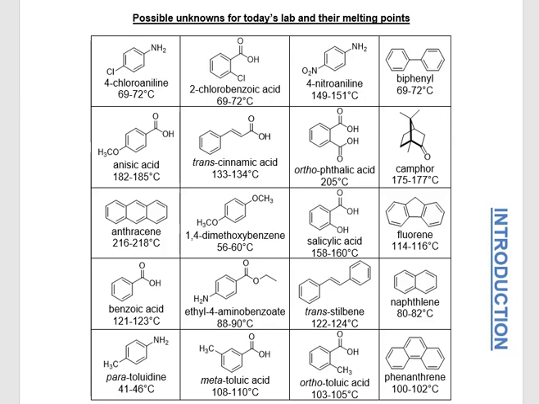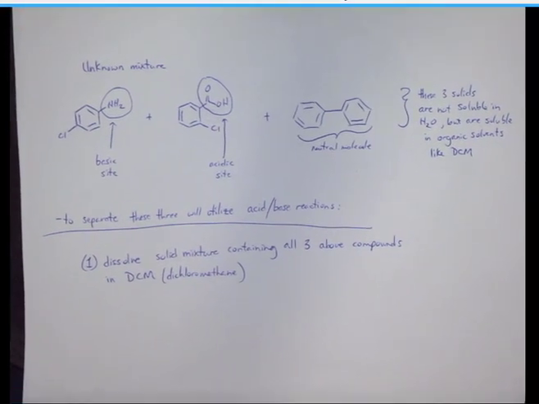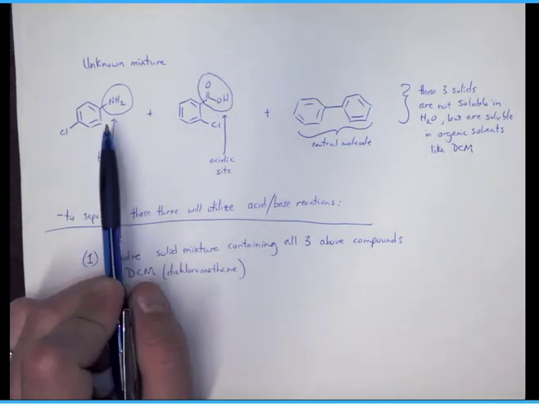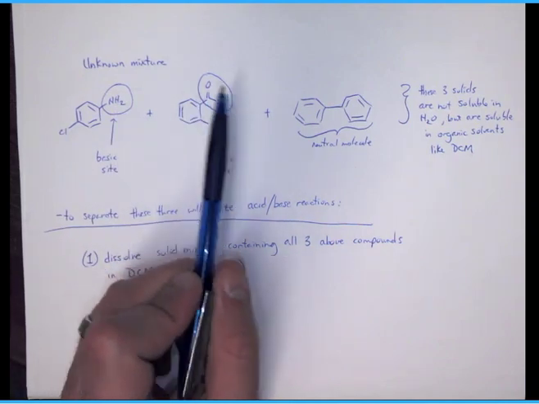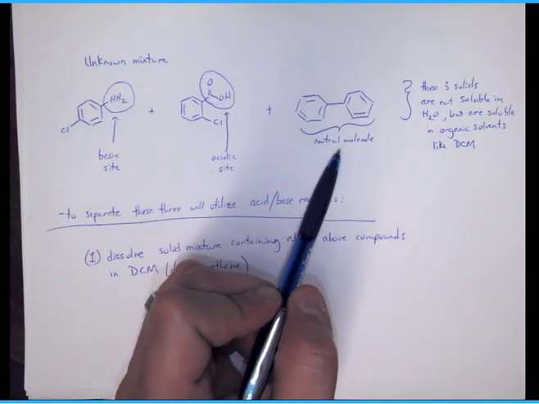To understand what's going on here, I'm going to make this a little more complicated than the scenario that you have in lab. Imagine you have an unknown mixture with one of each of these three classes of compounds in it: a basic compound with the amine, an acidic compound with the carboxylic acid, and a neutral compound.